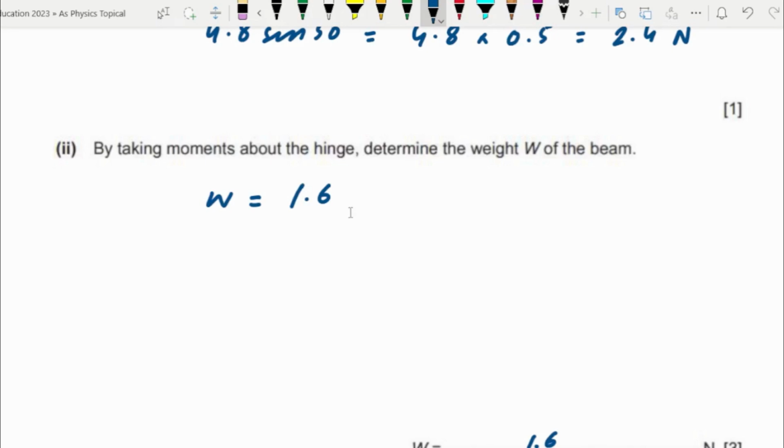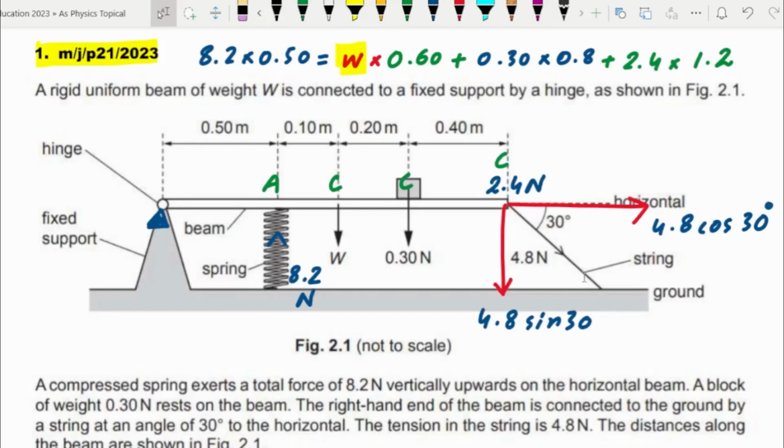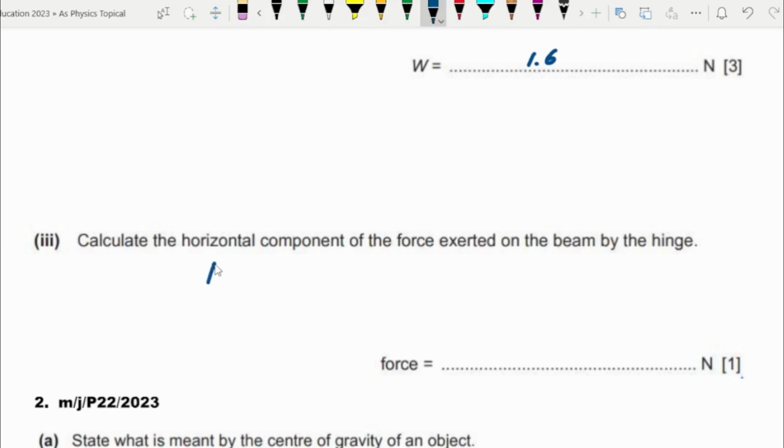Let's take a look at the next one, the last part of it. Calculate the horizontal component of the force exerted on the beam by the hinge. That force in this case equals the horizontal component of the tension in the string. First of all, you can write it as Fx, and that equals F cos theta, which is 4.8 times cos 30.